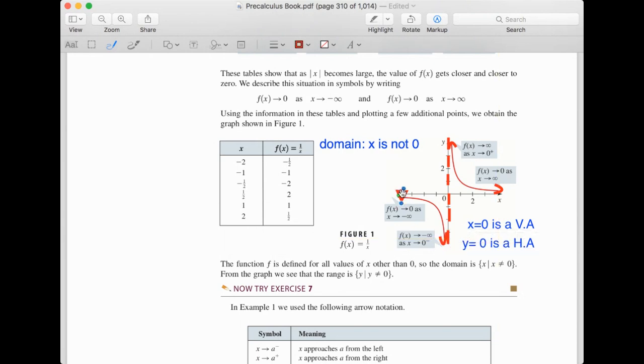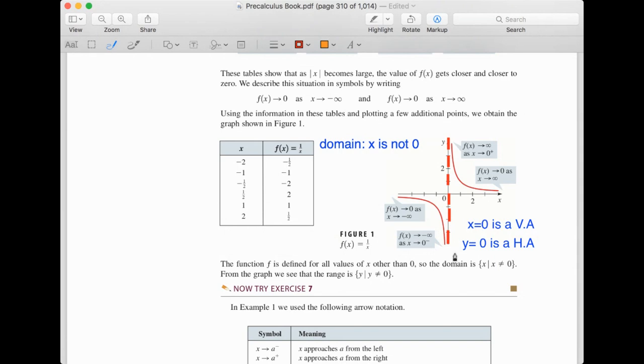See here, right? Imagine this graph goes on forever, this goes on forever. You see this y-axis has another name. The y-axis is x equals 0, right? All the points on the y-axis have x value 0.